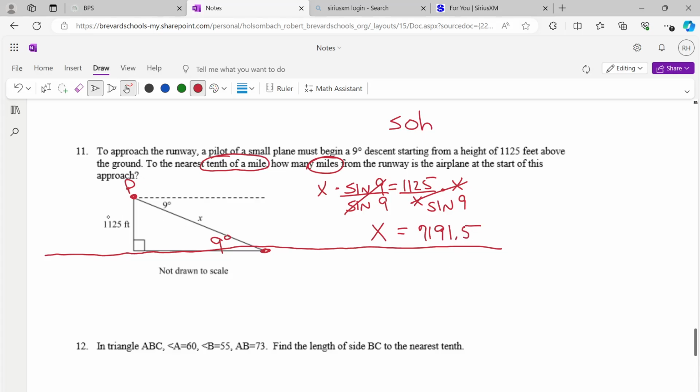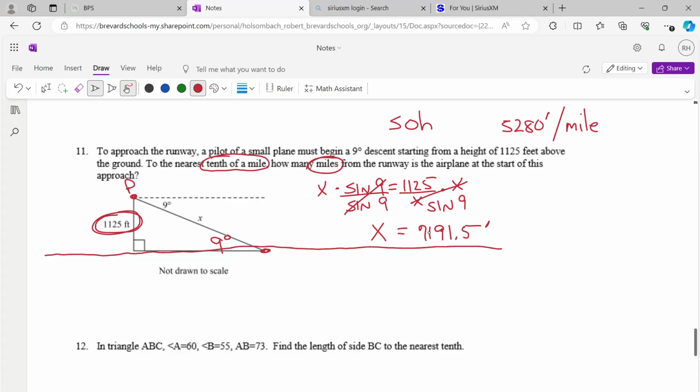Now, since this dimension, this 1125, was in feet, this 7191.5 is also in feet. So there's 5,280 feet per mile.